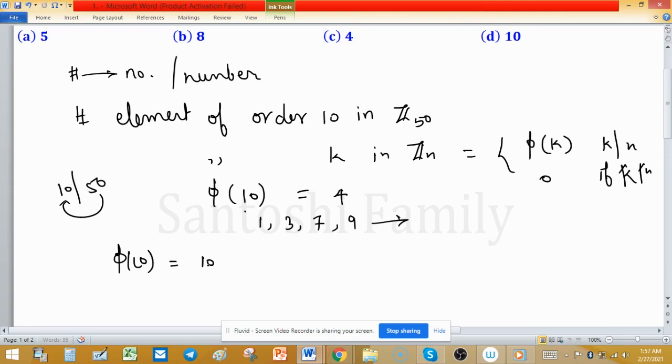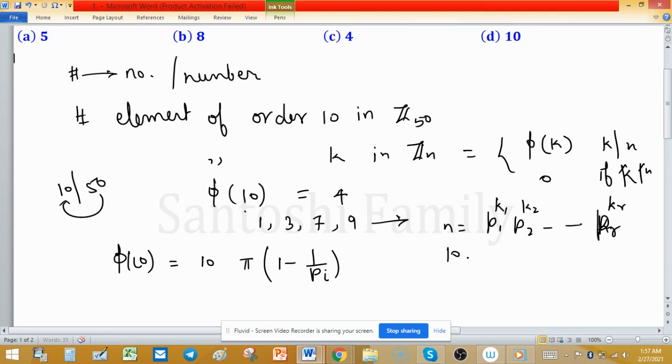This is n times the product of 1 minus 1 upon p_i, where n is p1^k1, p2^k2 and so on up to pr^kr. 10 can be easily written as 2 into 5, with powers 1 and 1.